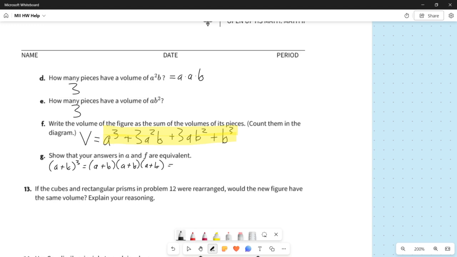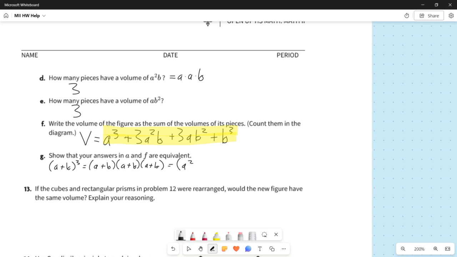So in order to multiply three binomials like this, we have to do the distributive property twice. The first time we do it is going to be FOIL because it's a binomial times a binomial. So if I take my first two binomials here and I apply FOIL, A times A, and I need this to be in parentheses too, A times A is A squared.